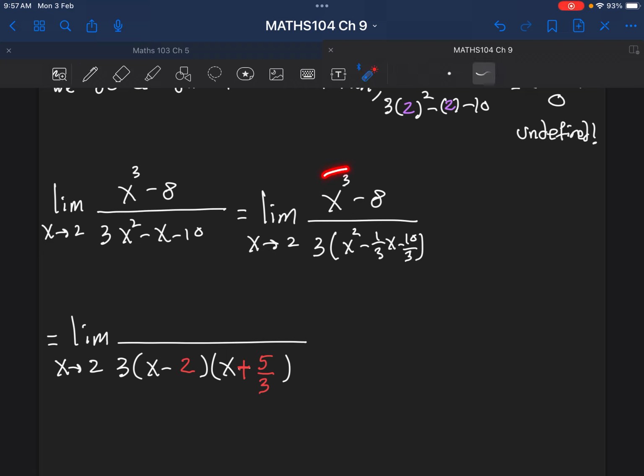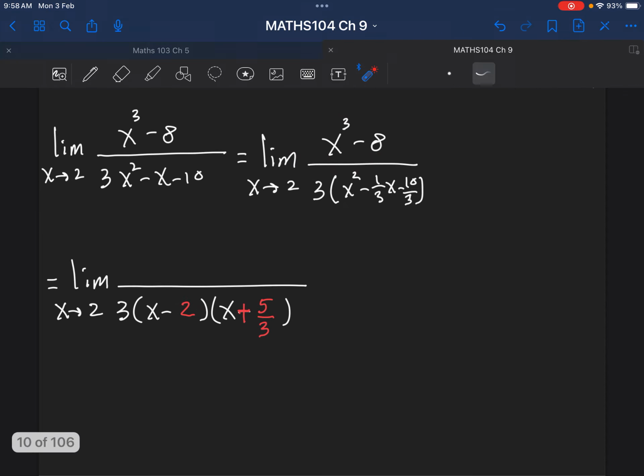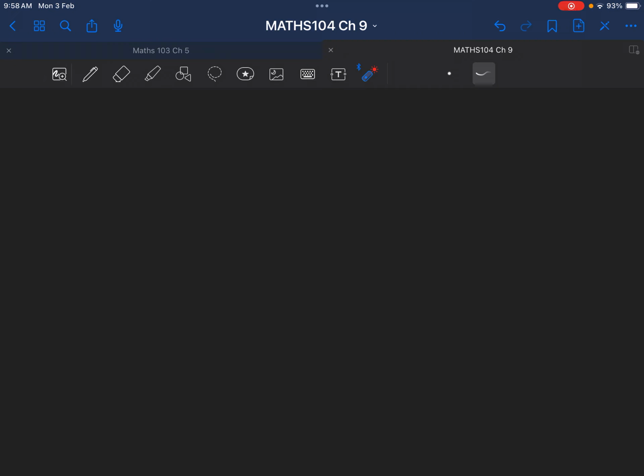Next question. How do we factor x cubed minus 8? That's a good question. And is there a formula for x cubed minus 8? The answer is yes. And I will just write it down here.